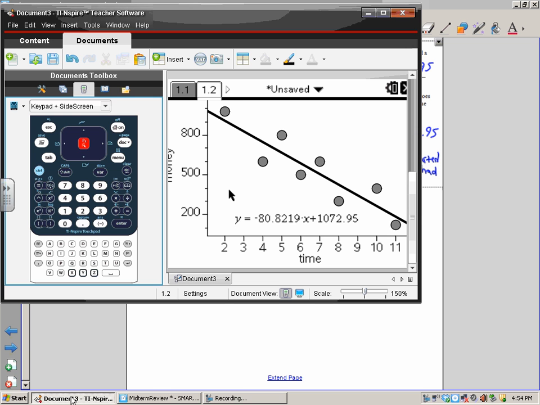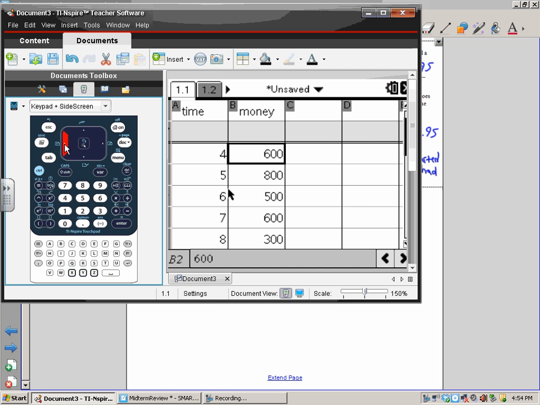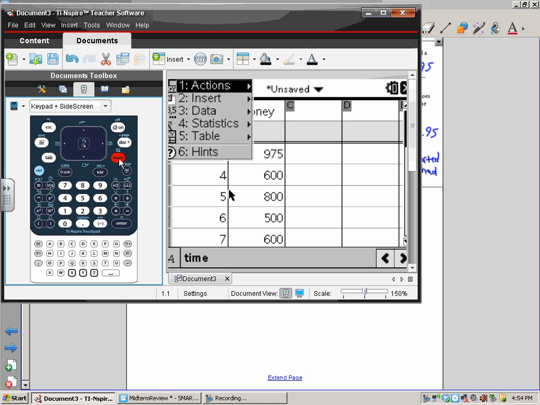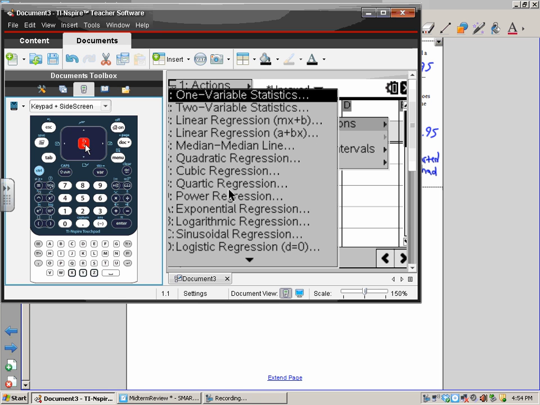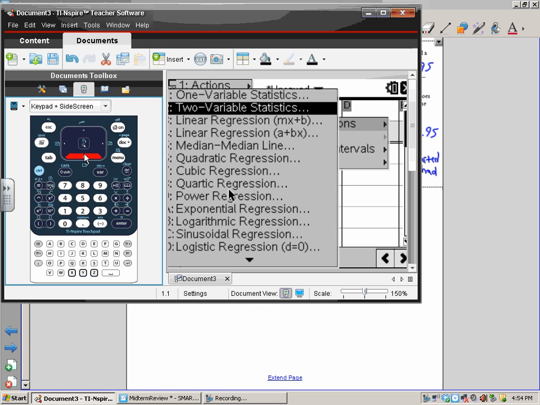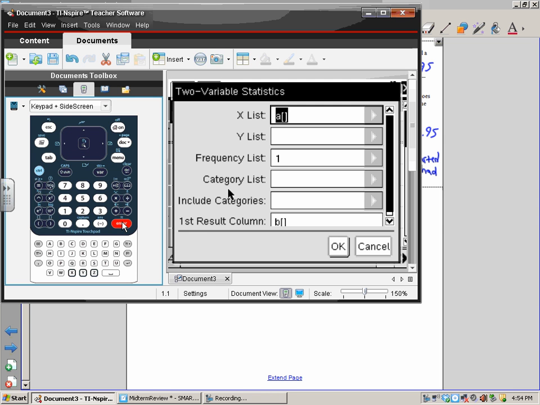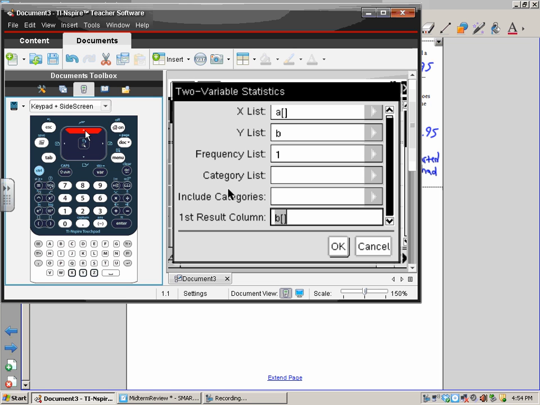But to find out exactly what it is, we have to press Control and left arrow to get back to page 1.1. Now we have to scroll up to the top and select Time. Menu, Statistics, Stat Calculations. This time we want two variable statistics because we're analyzing two variables, time and money. X list is A because we put our X values in column A. Our Y list is B because we put our Y values in column B. And we want our first result.